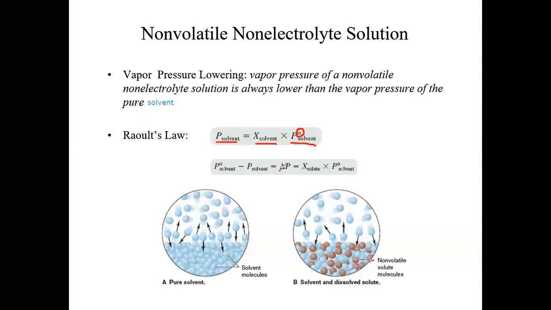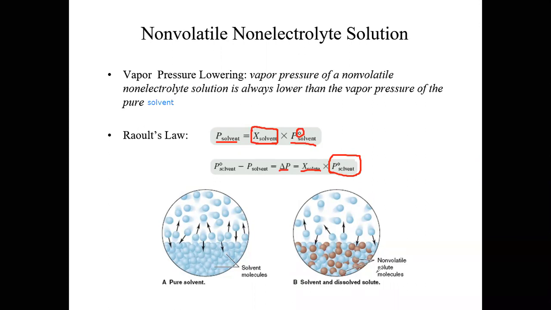If you want to find the change in the pressure, you can take the mole fraction of solute and multiply it by the vapor pressure of pure solvent. So this is the equation we use for vapor pressure lowering. So the unit of concentration is mole fraction. So anytime we're in a problem and we don't see mole fraction, we have to convert to mole fraction.